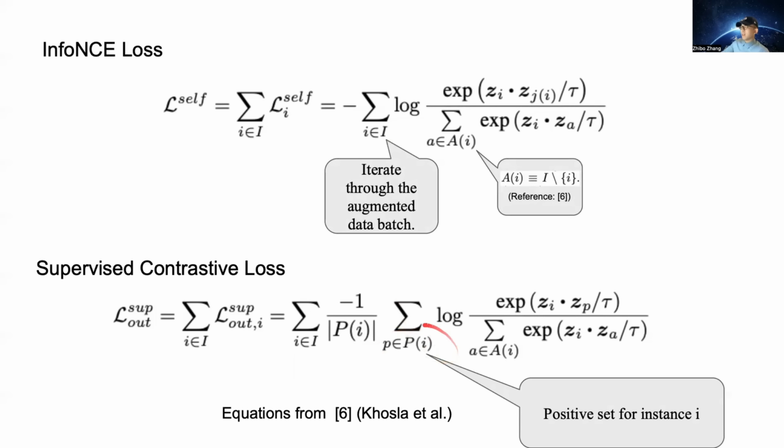They define a positive set for the instance i, which contains the examples of the same class in the mini batch, and each of the data pairs should be treated similarly in the embedding space. The denominator here again works as the normalization term, and again there's a negative sign here. So it encourages a larger scale of the numerator and a smaller scale of the denominator.